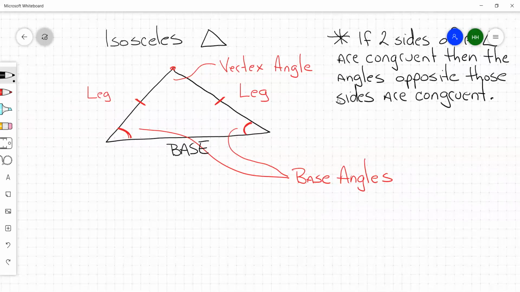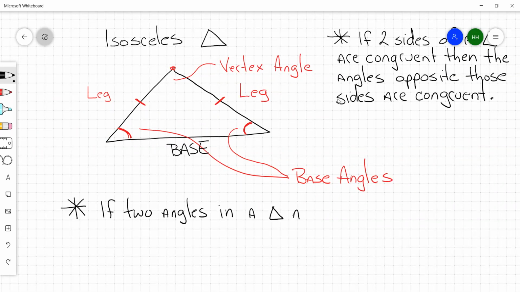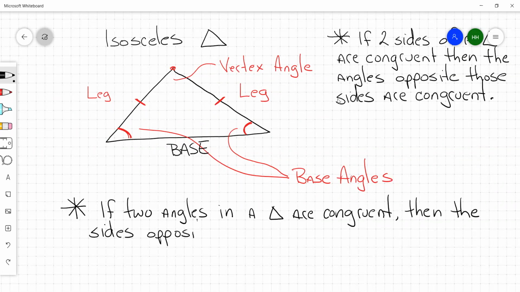The converse of that is also true. If two angles in a triangle are congruent, then the sides opposite those angles are congruent.